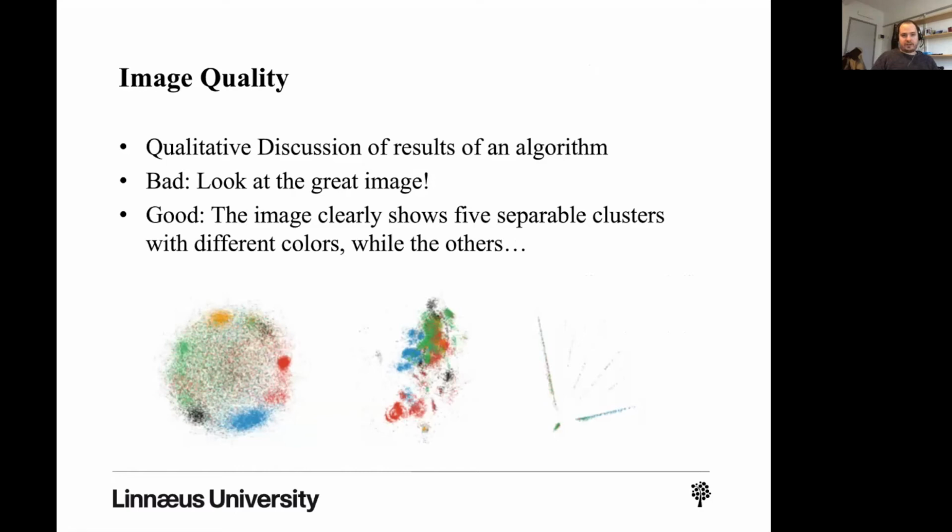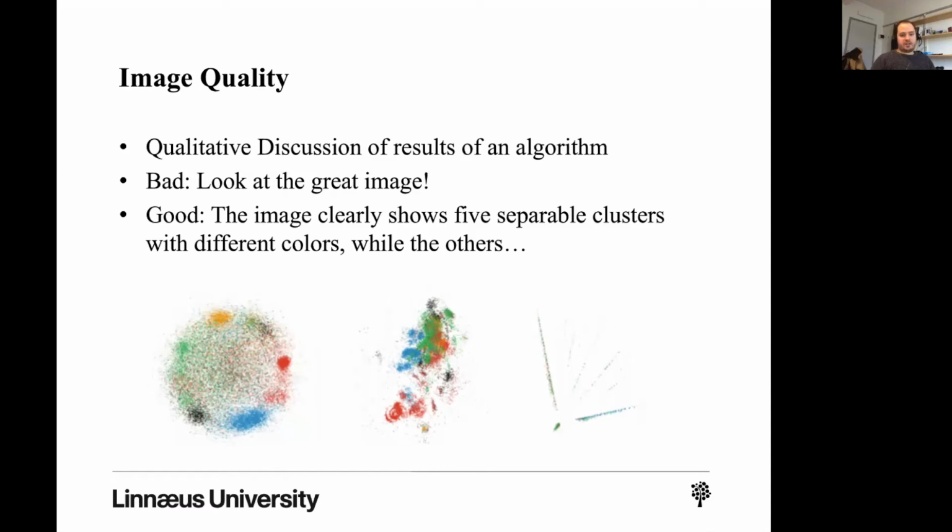And you can also have qualitative discussions on the results of algorithms, but first of all, it's a problem because someone can just say, look, this image is great, and how can you measure that, right? But at the same time, there are situations when a user can just look at something and say, this is good, because for example, in this case, I can see 5 separable clusters with different colors.